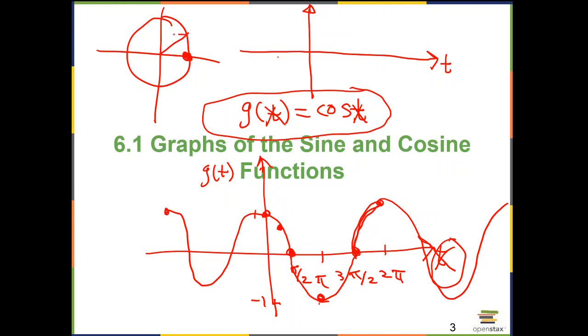See, at different values, the sine would be this distance. So if we are over here, the sine would be this distance here, right? So it goes between -1 and 1, right there. It fluctuates between -1 and 1 as we go around. So we want to take this fluctuation and put it on this graph right here. So at 0, sine is 0, right?